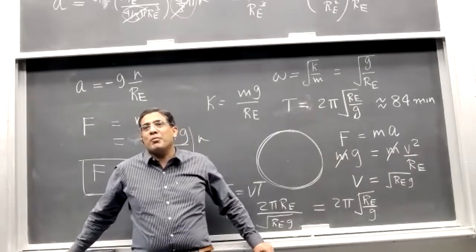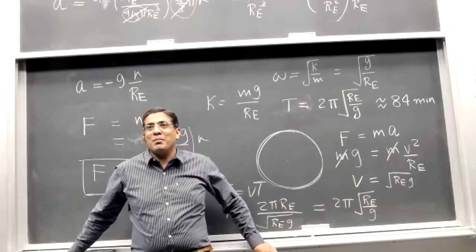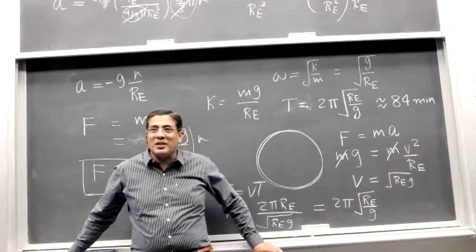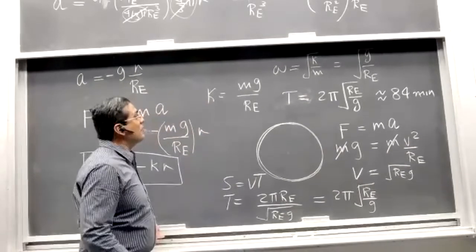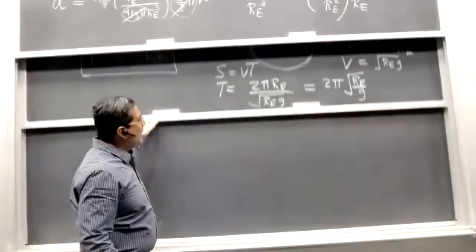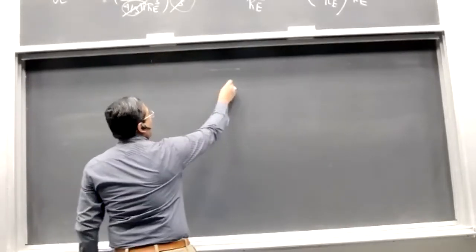This is to make a point that circular motion and oscillatory motion are intimately connected. That is why the period is the same. And you see that when we did the harmonic motion, we got angular frequency. It's interesting.